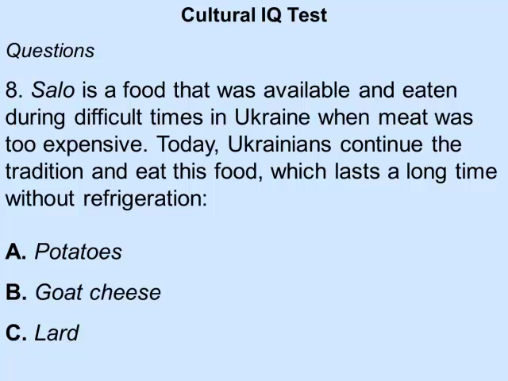Salo is a food that was available and eaten during difficult times in Ukraine, when meat was too expensive. Today, Ukrainians continue the tradition and eat this food, which lasts a long time without refrigeration. What is it? A. Potatoes. B. Goat cheese. C. Lard.